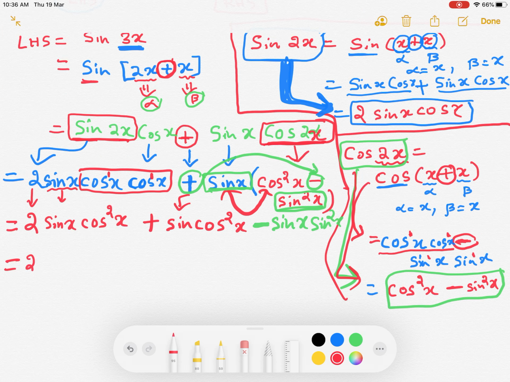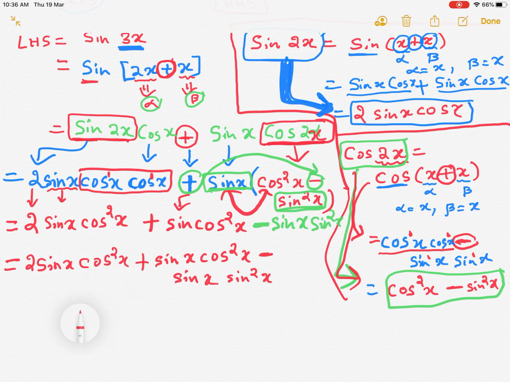Is it clear? Okay, so it is 2 sine x cosine square x plus sine x cosine square x minus sine x sine square x, right?